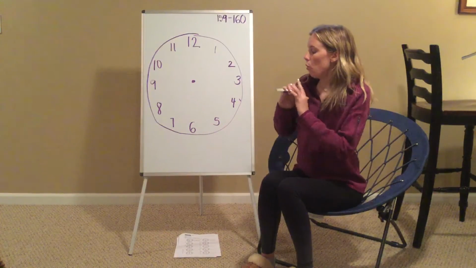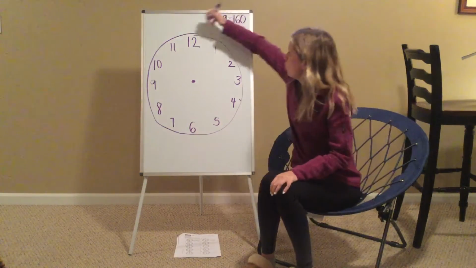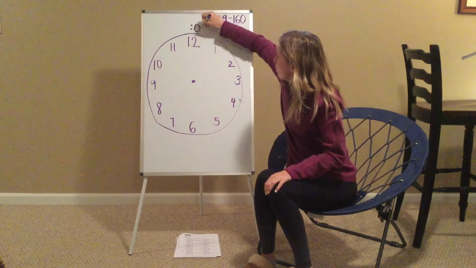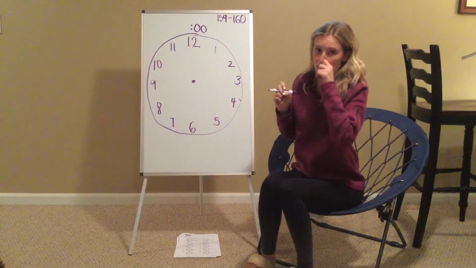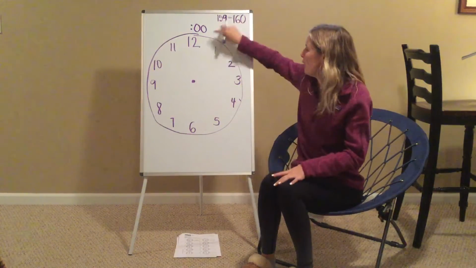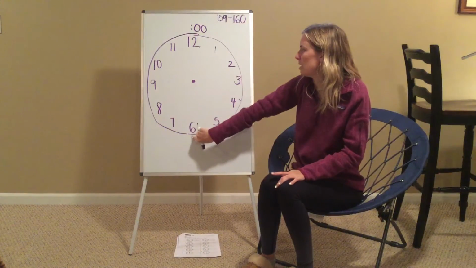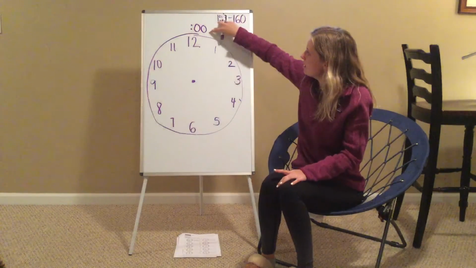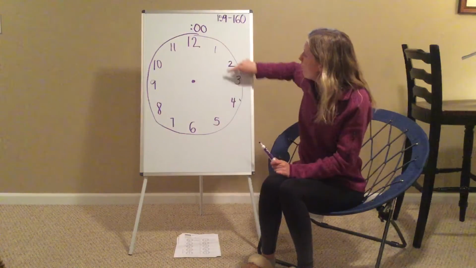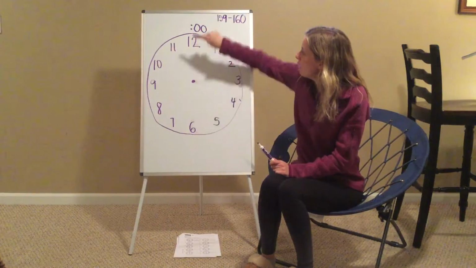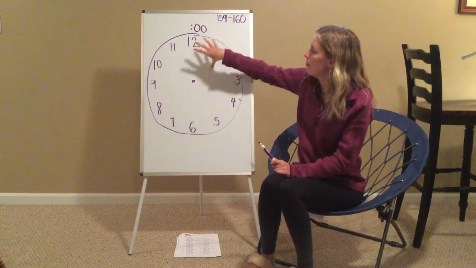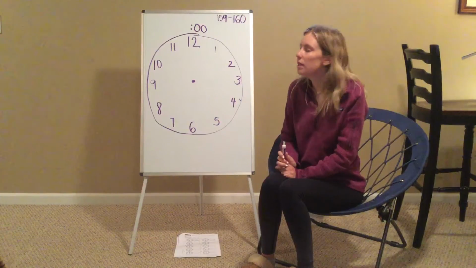So what we're going to start with today is, we already know up here, this is always a 0, 0. What you're also going to learn, which I think a lot of people might already know, down here, does anybody know what time this is? If this is 0, 0, I wonder what time this is going to be. If we're halfway through the clock, going from here to here, well, there's 60 minutes in 1 hour.